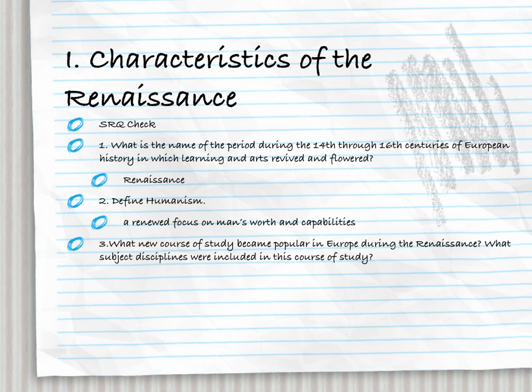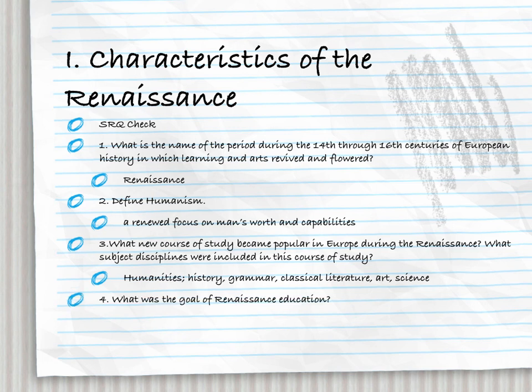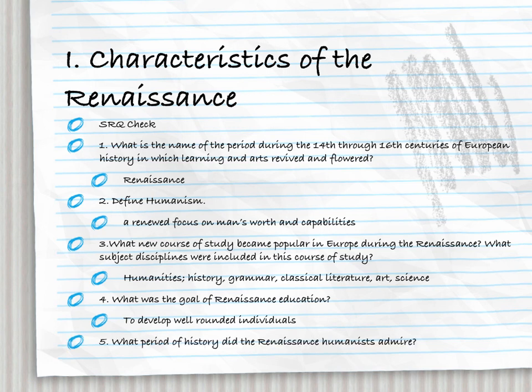What subject disciplines were included in this course of study? Humanities, history, grammar, classical literature, art, science. What was the goal of Renaissance education? To develop well-rounded individuals. And what period of history did the Renaissance humanists admire? They admired the classical age of ancient Greece and Rome.